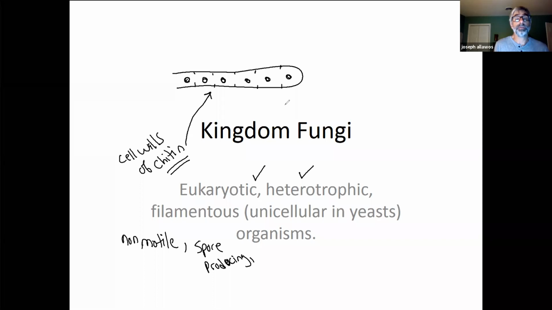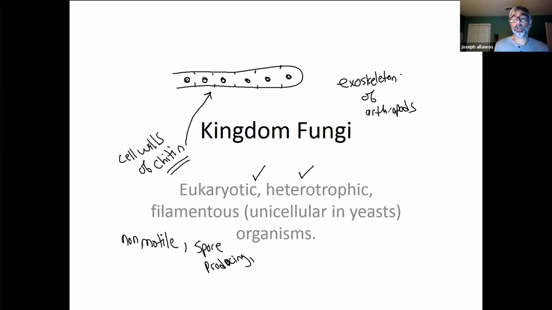And why this is interesting is because now we have a very clear biomolecular link between the fungi and not plants. But where in the world do we find chitin? Chitin forms the exoskeleton of arthropods.